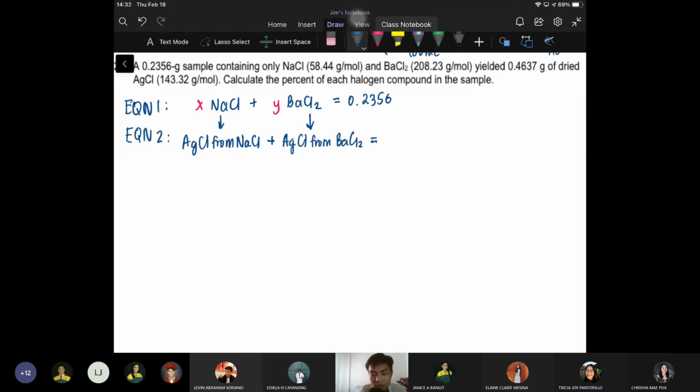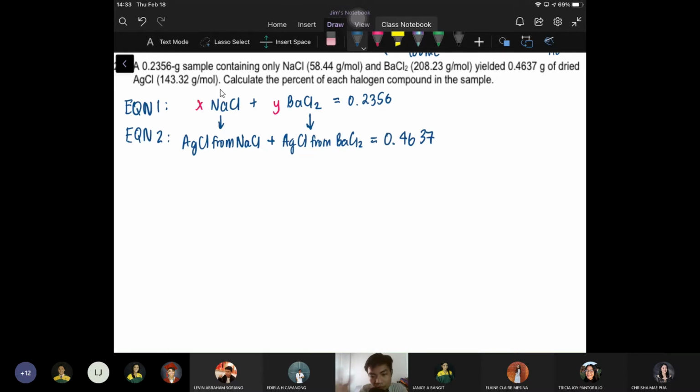Pag pinag-add mo yung dalawang AgCl formed from two solutions, or from two salts, pag kinuha mo yung sum ng dalawang AgCl na magagawa natin out of these two salts here, ang mass daw doon ay 0.4637 grams. Okay?